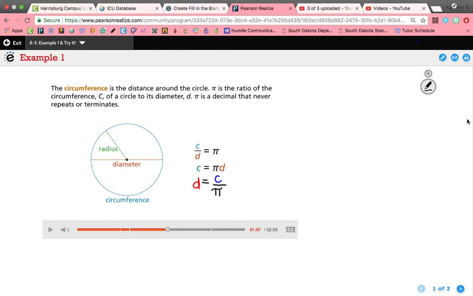So if you know one, you know the other two. We know the equation for pi, we know the equation for circumference, and we know the equation for diameter.